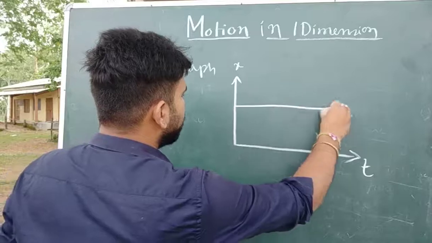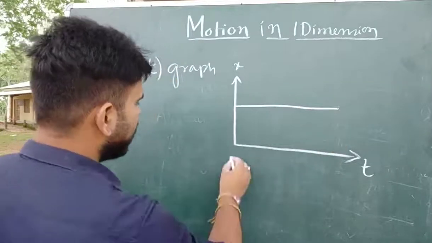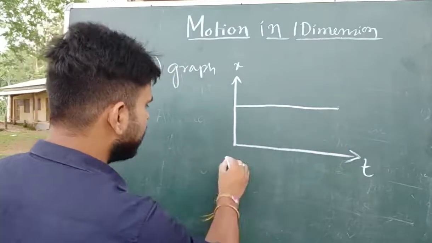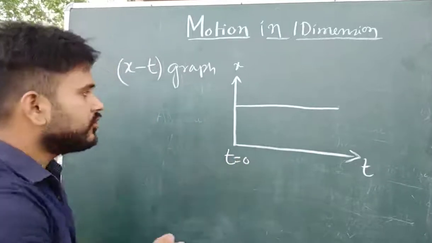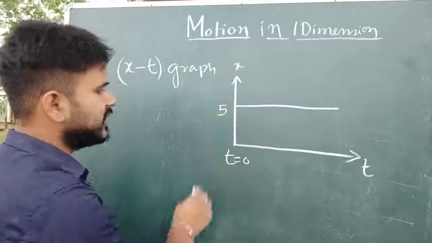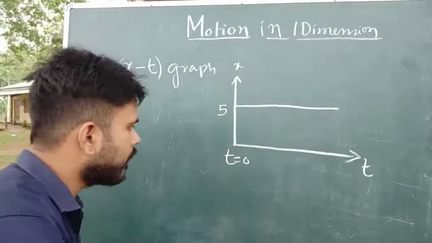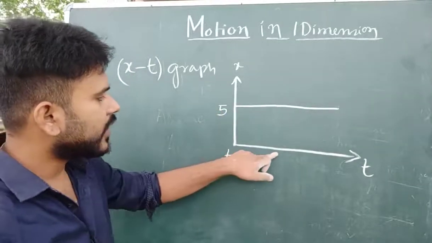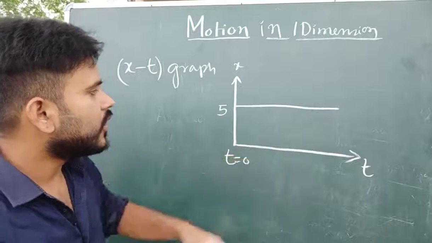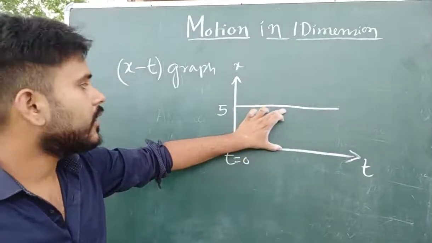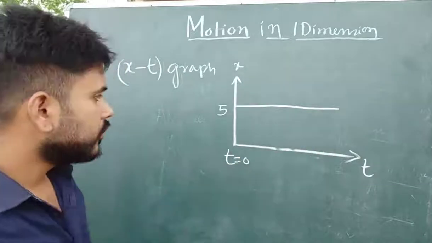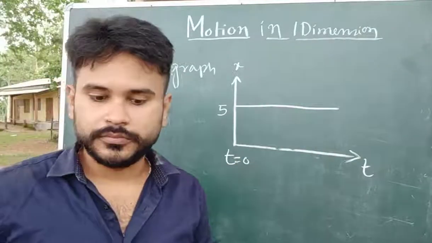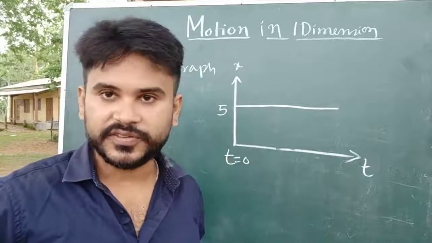So if I draw the graph like this, what can we understand? At time t equal to 0, what is the position of my bike? That is 5 meter. Then at t equal to 10 second, 15 second, what is the position of my bike? 5 meter, 5 meter, 5 meter. So we can conclude that the bike is at rest.